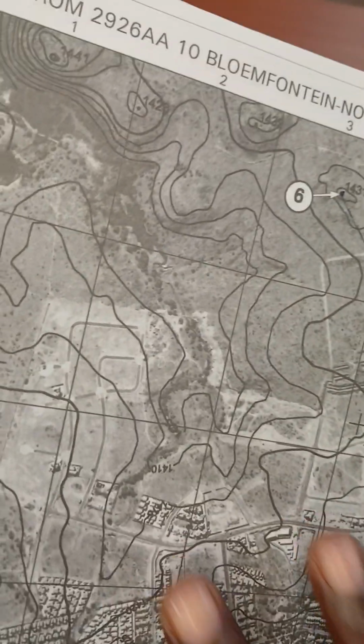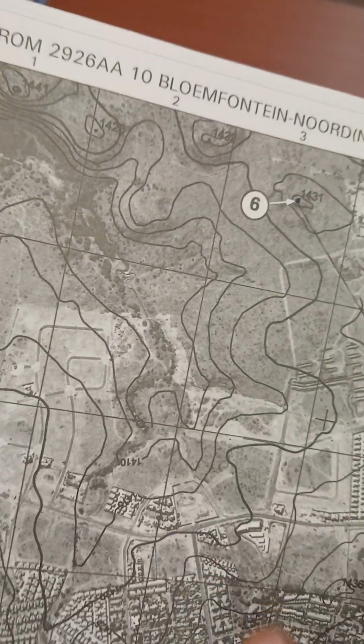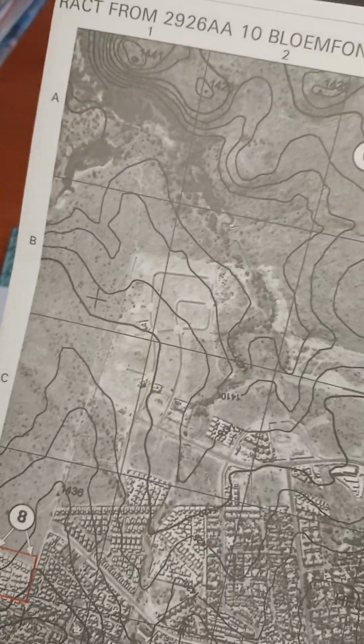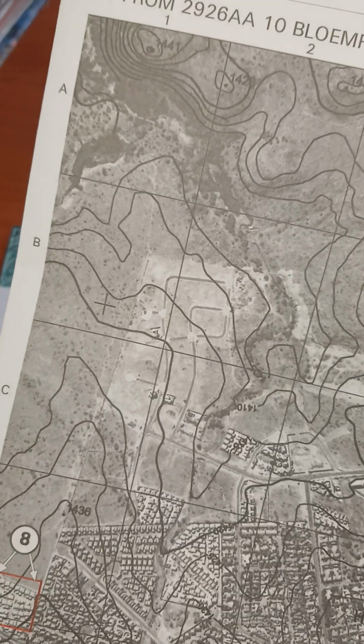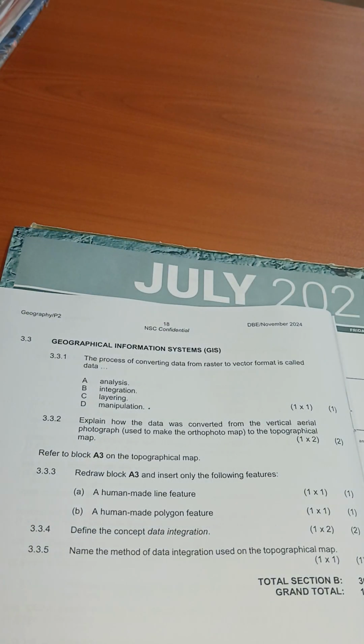When you talk about symbols, we are talking about your lines, your polygons, your point symbols. That's what happened there. They also change the scale. So these are some of the things that you can also include when it comes to this question.